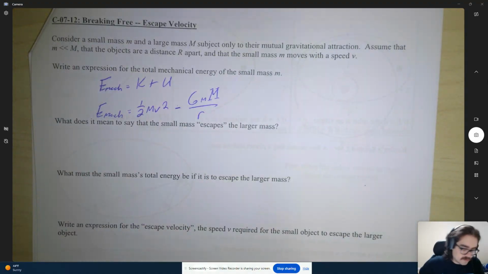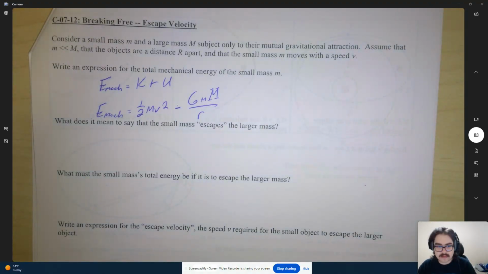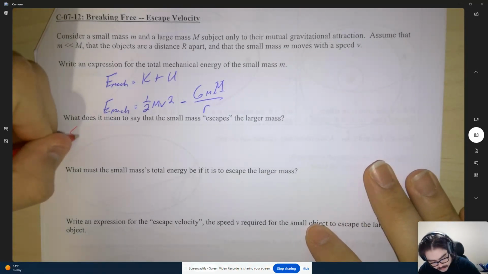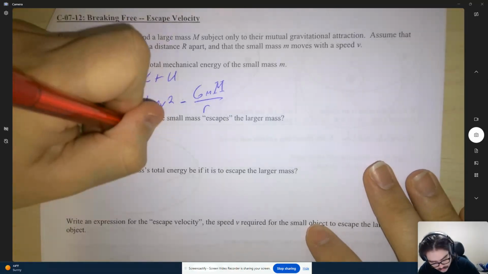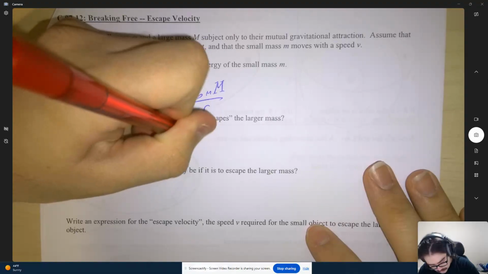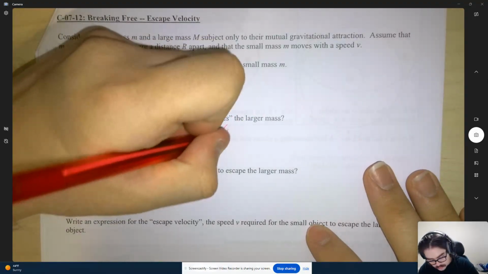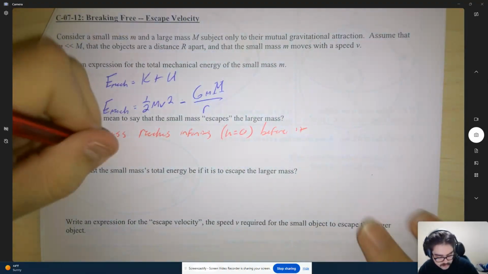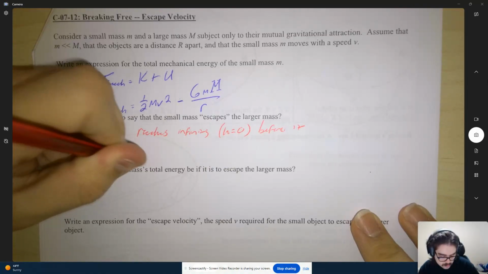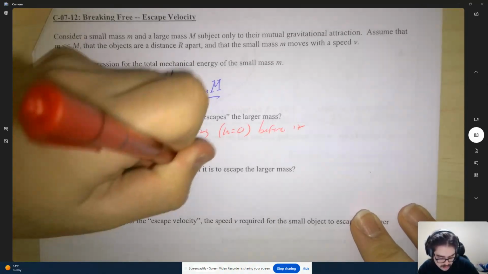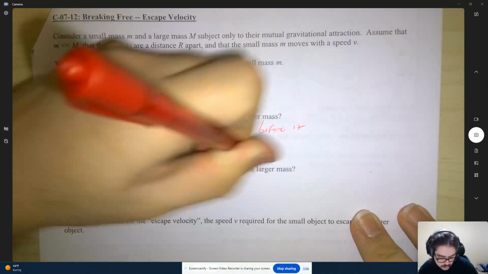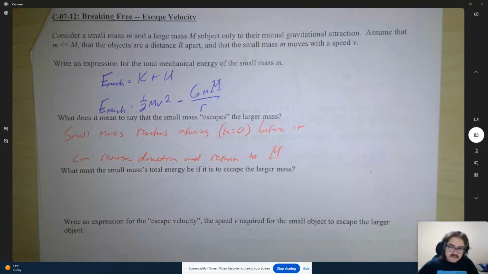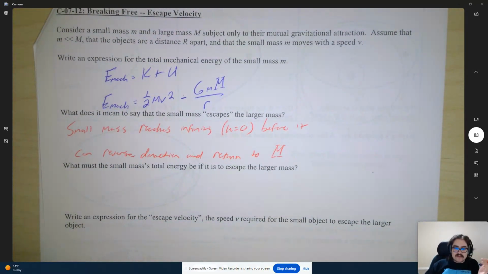If you ever hear the phrase in physics about escaping one of the masses, to say the small mass escapes the larger mass means that the small mass reaches infinity, where the potential is equal to 0, before it can reverse direction and return to big M. So if it reaches infinity, then it essentially escapes the larger mass.